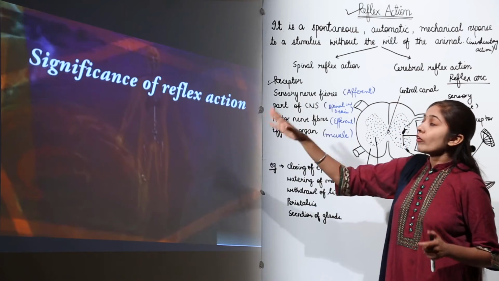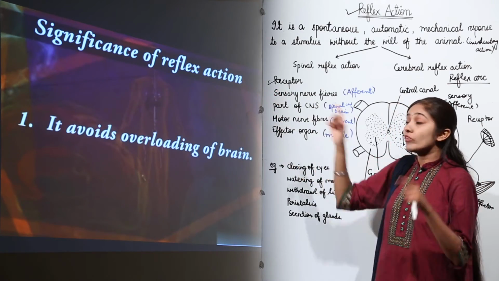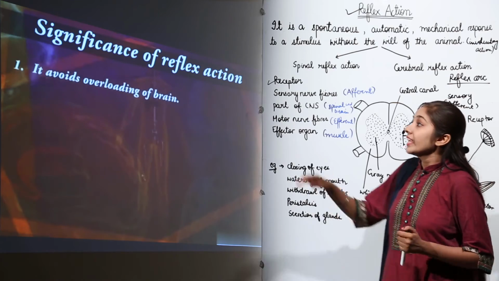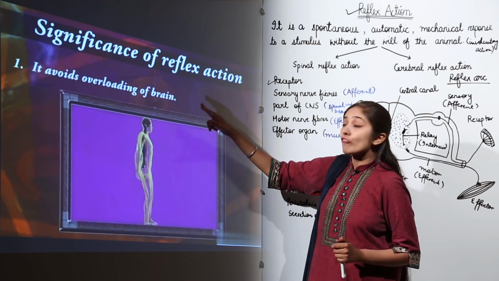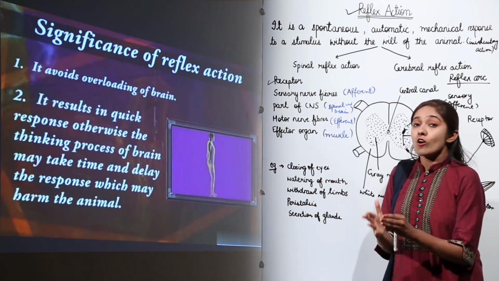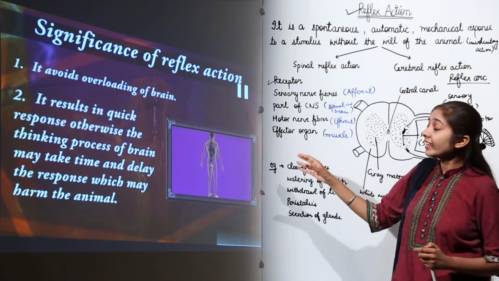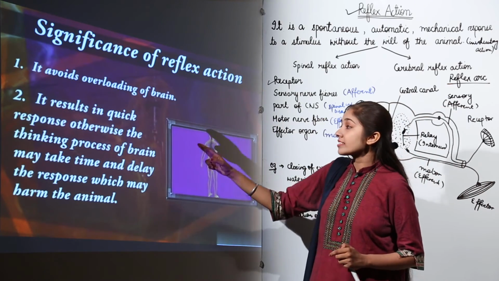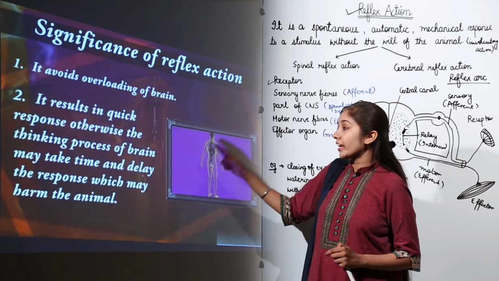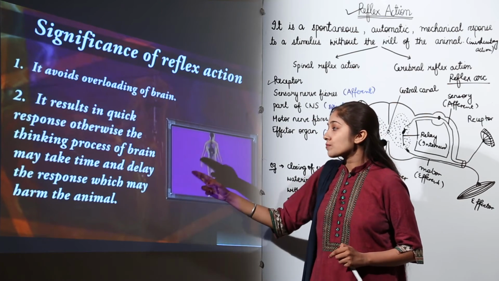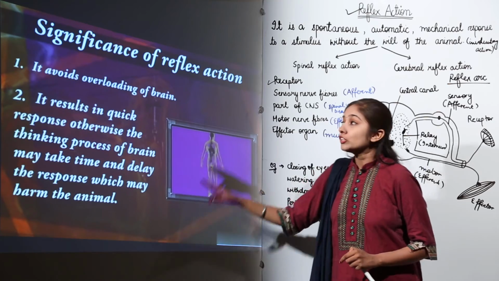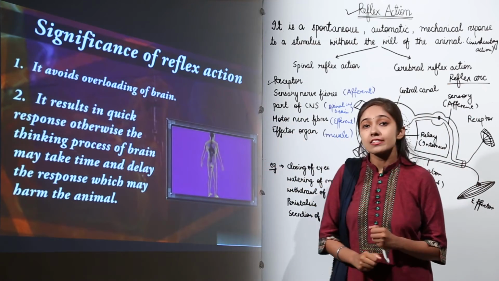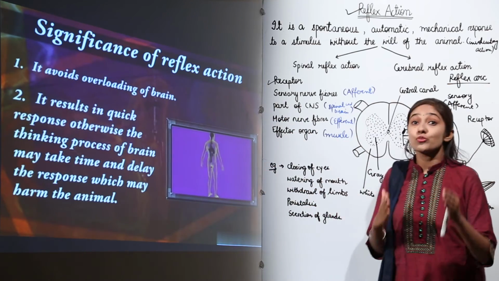Now what is the significance of a reflex action? Very important, understand this carefully. It avoids overloading of the brain because the spinal cord is functioning here. Then it results in a quick response, otherwise the thinking process of the brain may take time and delay the response, which may harm the animal. So these are two major significances of reflex action that you need to remember.